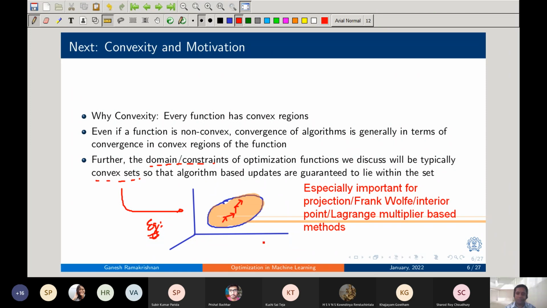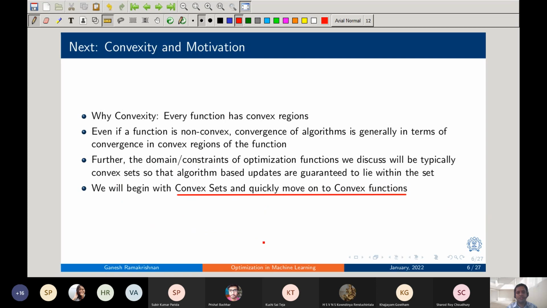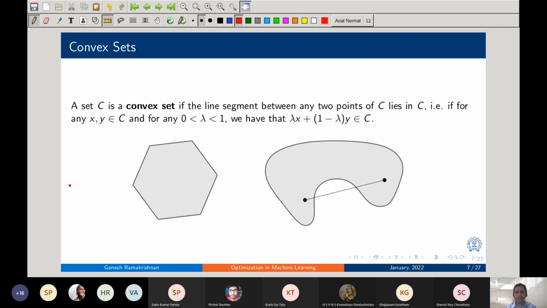The updates remain within the space of interest. But let's define convex sets. This is just a motivation. Any other question? Okay, if there are none, let's move on.